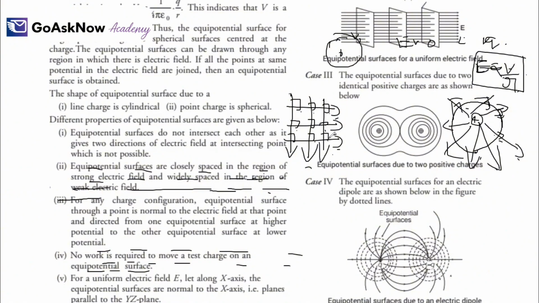So this will be at higher potential and this will be at lower potential, because it is directed from higher potential to lower potential only.